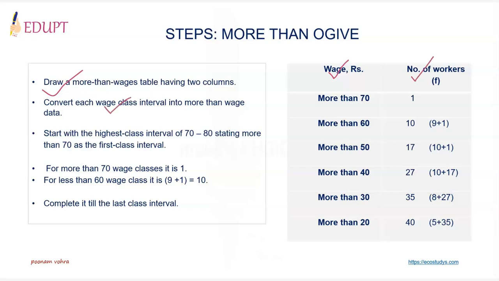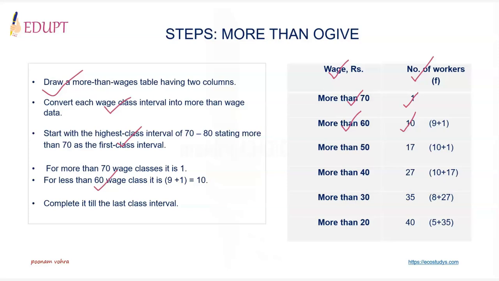We need to convert each class interval into more than wage data, beginning with the highest class interval which is 70 to 80, stating more than 70 as the first class interval which is 1. For more than 60, it will be 1 plus 9, that is 10. It shows that 10 workers are getting wages more than 60.